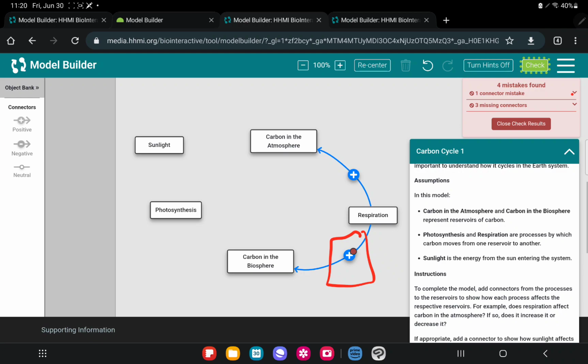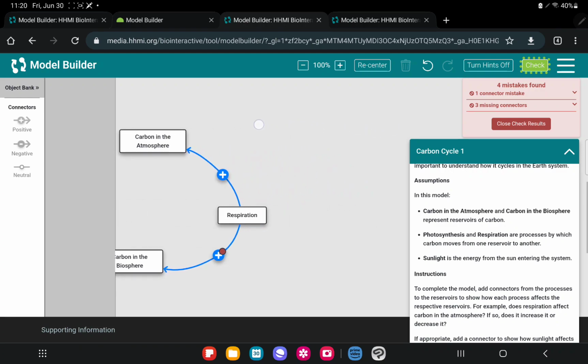Now let's talk a little bit briefly about what it means to be a positive connector and a negative connector. What I really mean by this positive connector here is respiration causes carbon in the atmosphere.